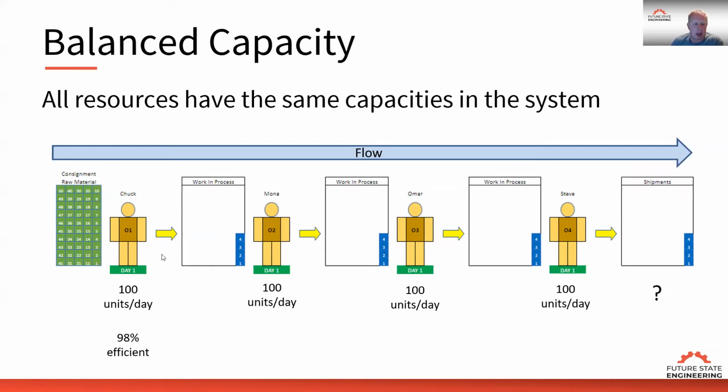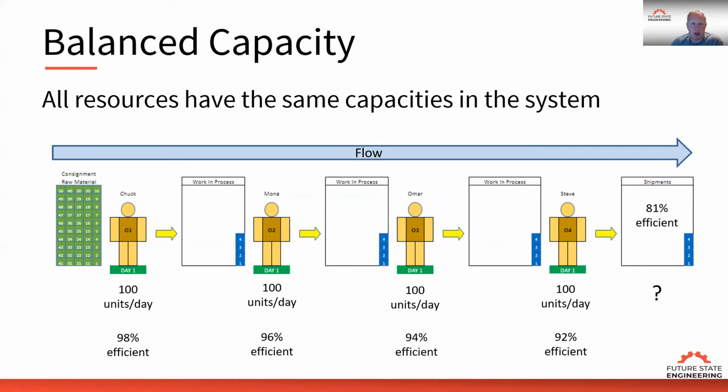So in this case, if we look at the efficiencies, process 1 is 98% efficient, process 2 is 96, process 3 is 94, process 4 is 92. So what becomes the efficiency of this system? It's 98 times 96 times 94 times 92. So the system is only 81% efficient. What's the output of this system? It's going to be 81 units or less.